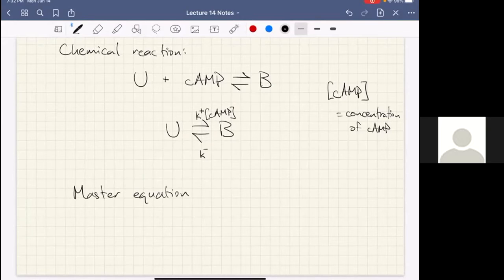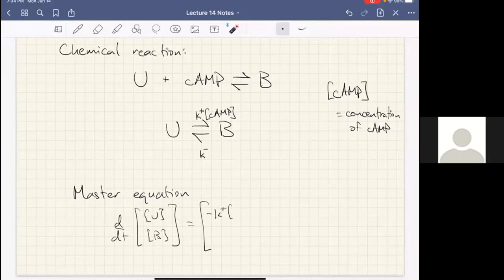To set it up, we would have to do something like this: d by dt of the concentration of U, concentration of B is equal to the rate matrix, which is going to be, from U to B, I have K plus, so I have minus K plus, combined with the concentration of cAMP.